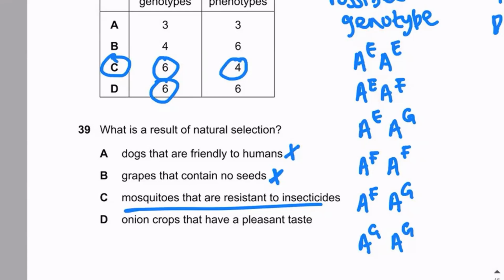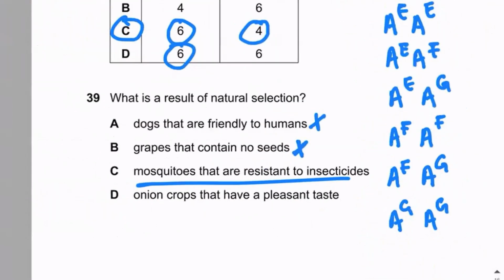Some were, however, resistant because of the mutations that occurred in those mosquitoes, right? So in some mosquitoes, mutations occurred and they became resistant to insecticides, while the others were non-resistant. So all the non-resistant mosquitoes died because of the insecticides, whereas the resistant ones survived and reproduced and passed on the favorable alleles to their offspring. So all the mosquitoes became resistant to insecticides.